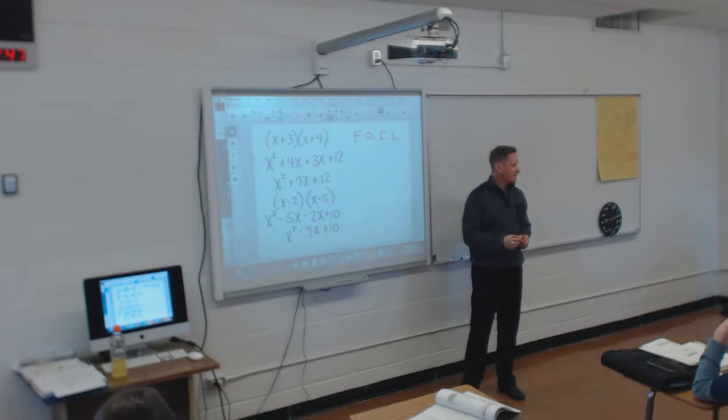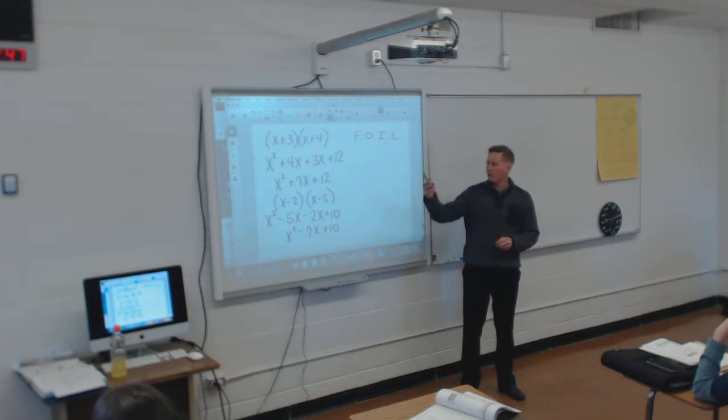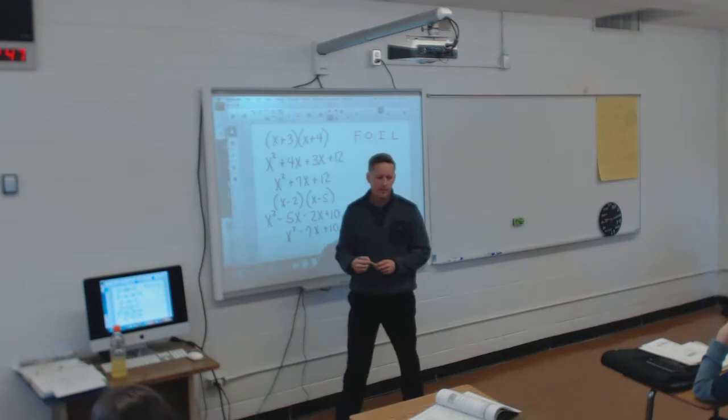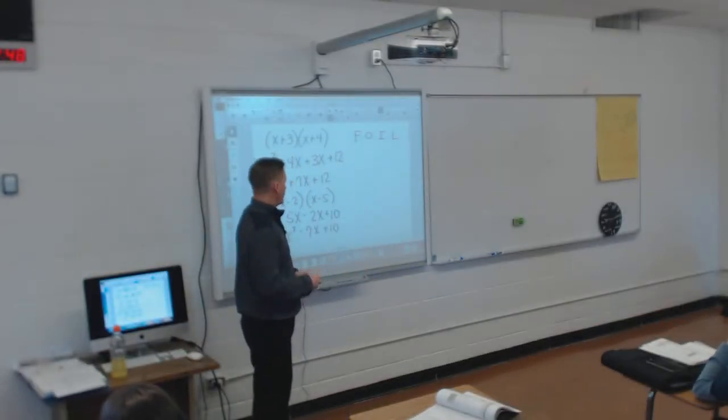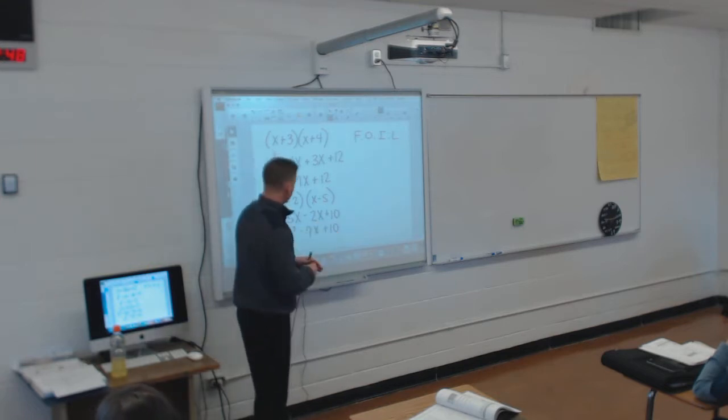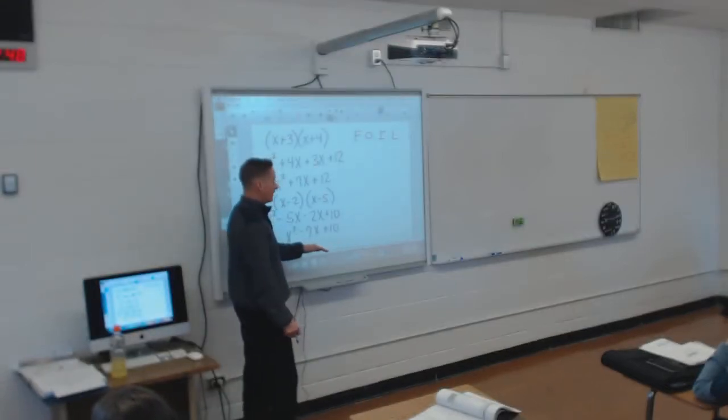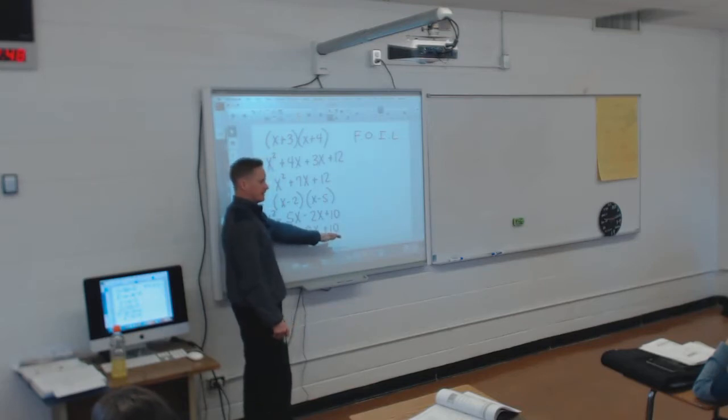You have to know how to do it, like the FOIL method. Yeah, you want to know how to do it. It's the easiest method of learning. But the next section, 5.2, is going from here to there.